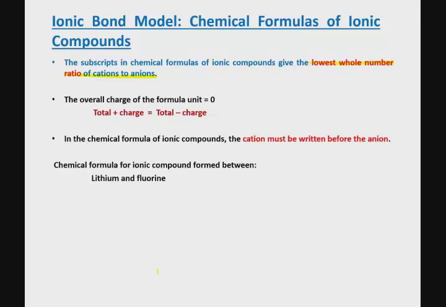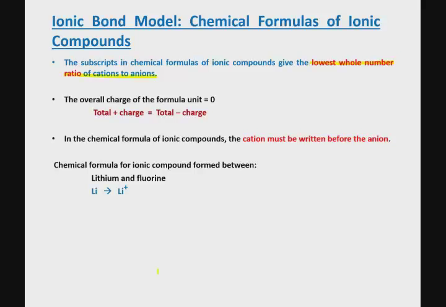Let's try to write a chemical formula of a compound when lithium element and fluorine element chemically interact with each other. If you look at the periodic table, I hope you will notice that lithium is a metal, whereas fluorine is a non-metal. Lithium is in group 1A.